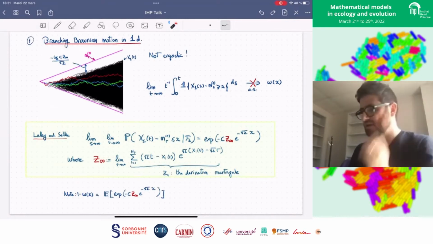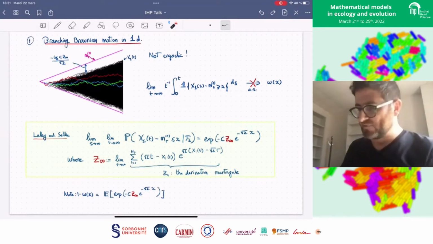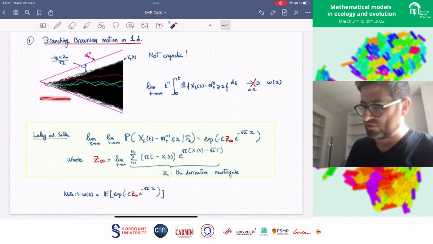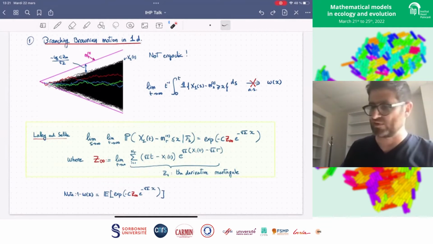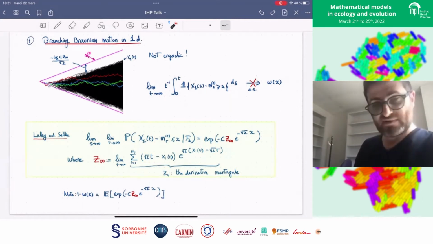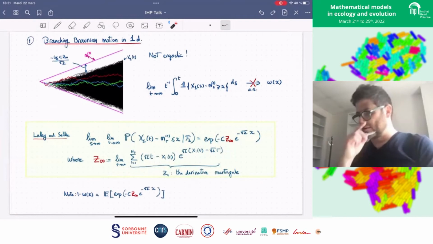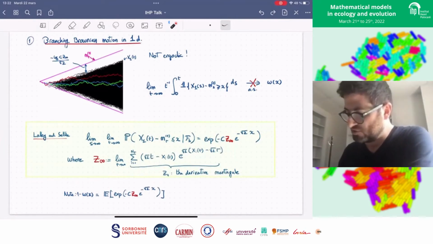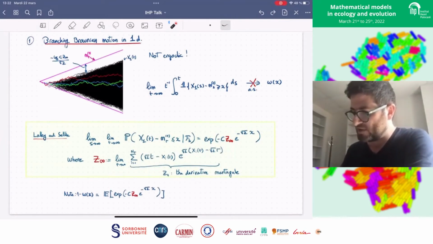What this says is that if you observe your BBM long enough to have a good idea of what Z infinity is, and Z infinity converges quite quickly, then, knowing Z infinity, the distribution of the maximum displacement minus m is going to be a shifted Gumbel.